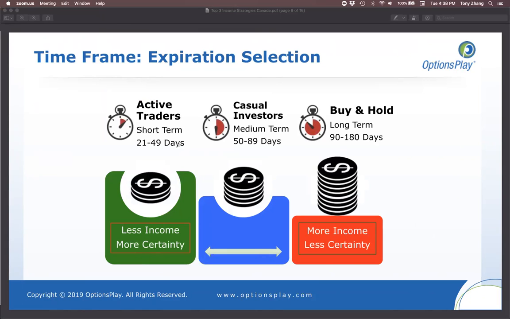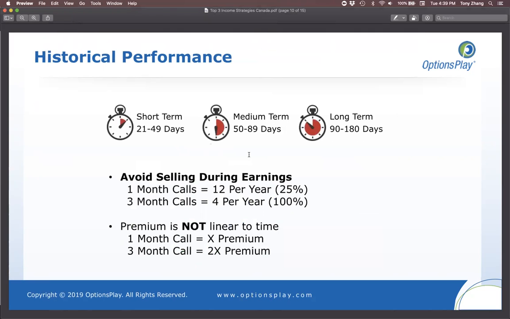A lot of users tend to gravitate towards the longer end of the spectrum, and this makes some sense because it provides more income. However, just because you're getting more income doesn't mean you're getting it at a fast pace. So when you're thinking about expiration dates, make sure you also consider the pace at which you are receiving it.